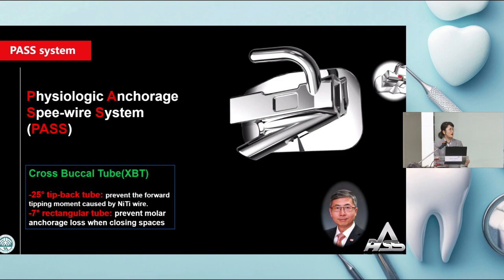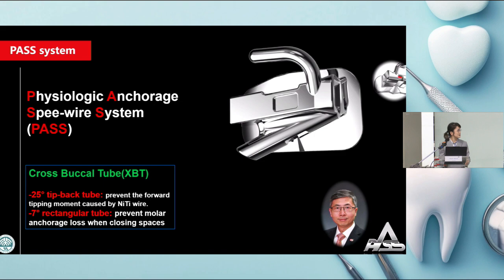The first part, the cross buccal tube, named XBT, consists of the minus 25 tip-back tube used to prevent the forward tipping moment caused by the nitie wire. And the other part, the minus 7-degree rectangular tube, is used to prevent molar anchorage loss when closing spaces.